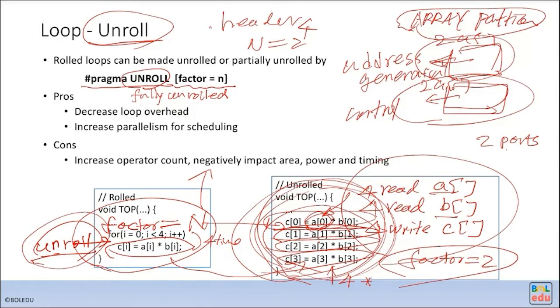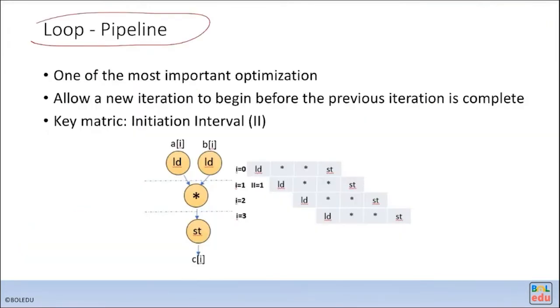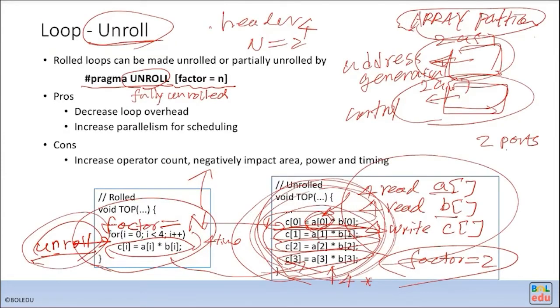Unroll. And then a loop can be pipelined. Pipeline is one of the most important optimizations. Why? Because the pipeline is quite efficient. You can think that unroll is like brute force. You duplicate hardware.